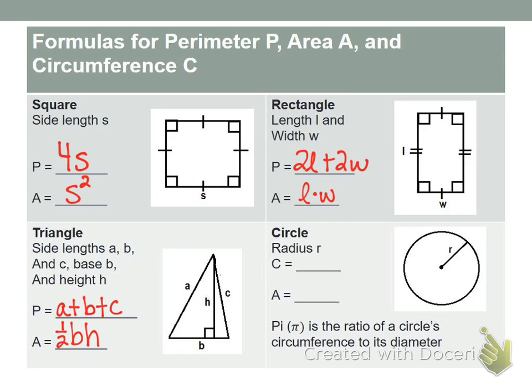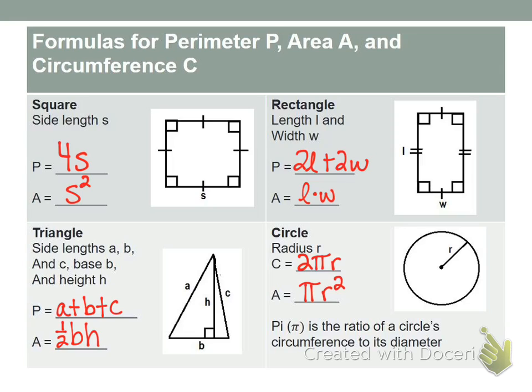Nope, it doesn't get squared for circumference. 2 pi R. My pi's are not always pretty. That one actually is kind of pretty. All right, 2 pi R for the circumference, and then area is the one where we do pi R squared.